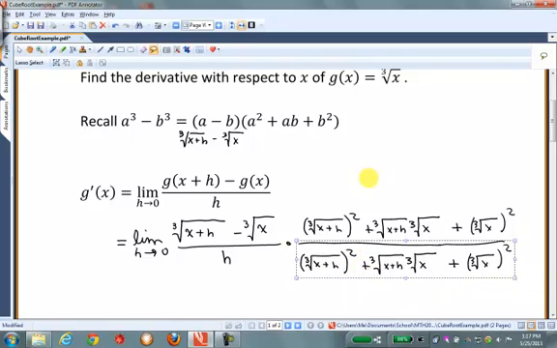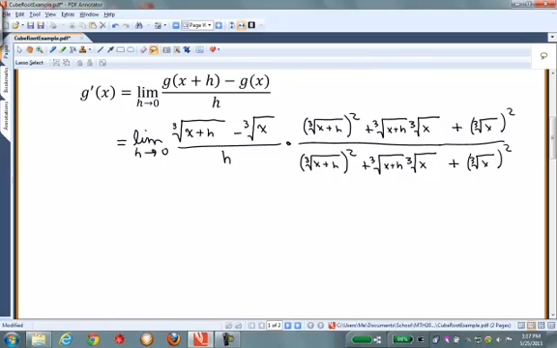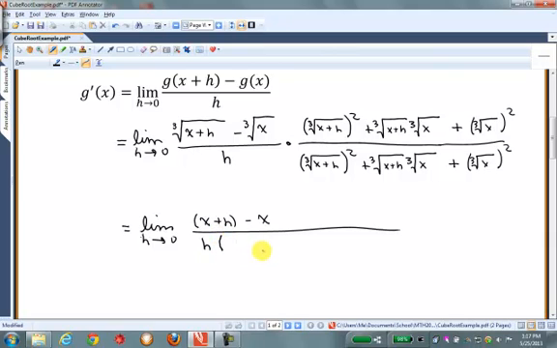Okay. All right. Now then, in the numerator, when I multiply that out, and you can multiply it out yourself if you'd like, we'll get this expression raised to the third will simply be x plus h, minus this expression raised to the third, which will simply be x. And this will all be over h times this expression.